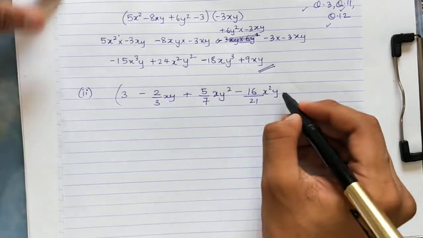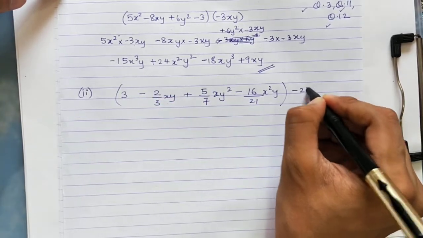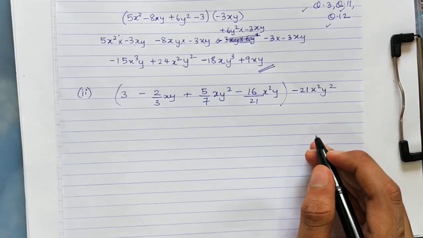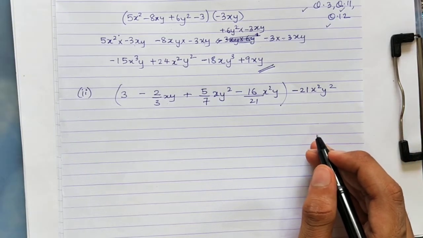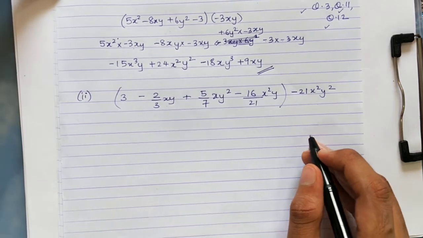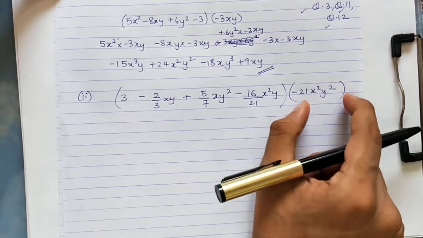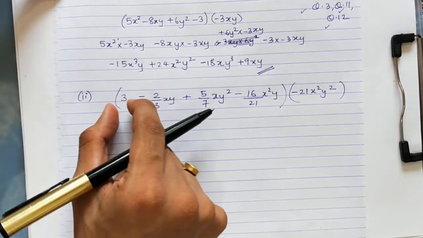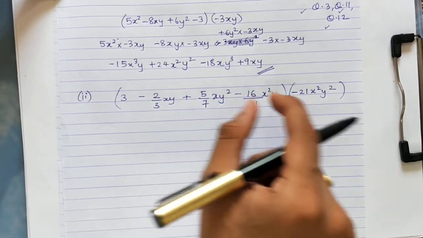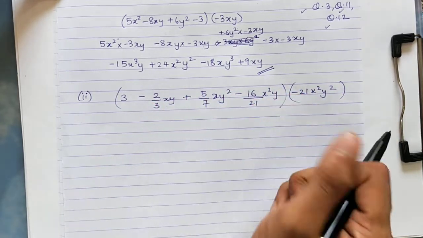This is getting multiplied with minus 21x square y square. Okay, let's multiply this term with each term: 3, then 2 upon 3xy, 5 upon 7xy square, 16 upon 21x square y.